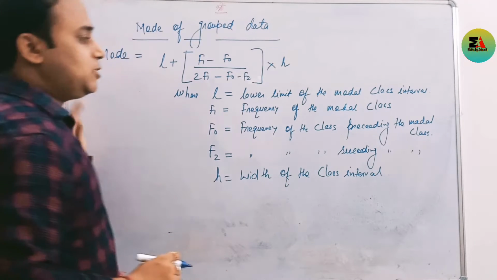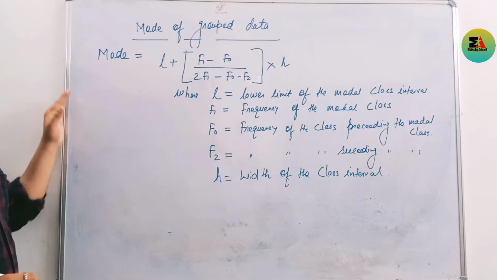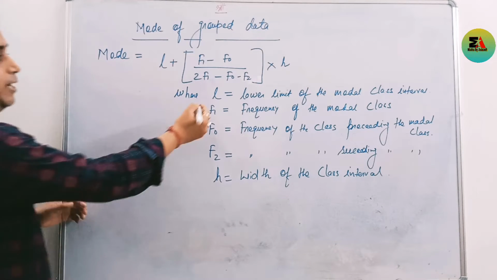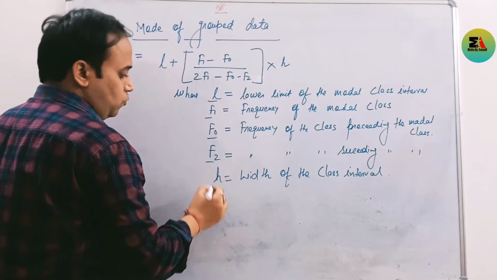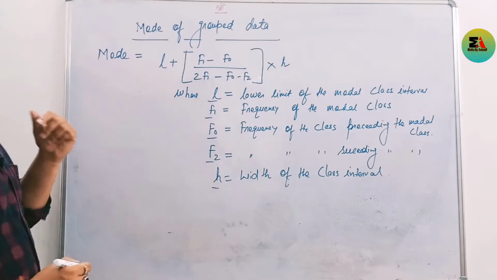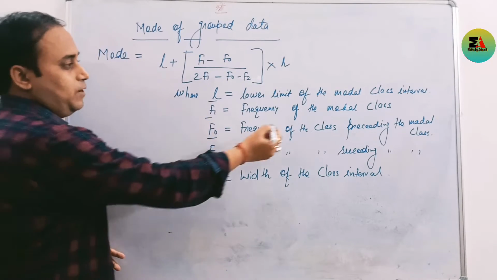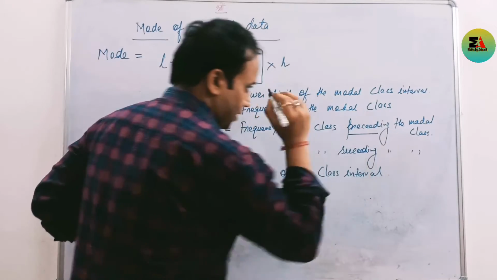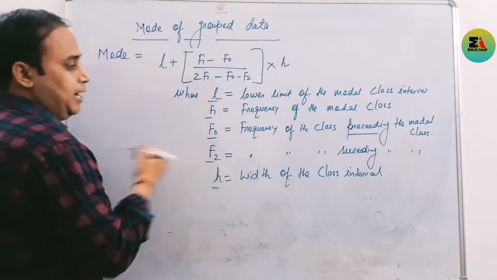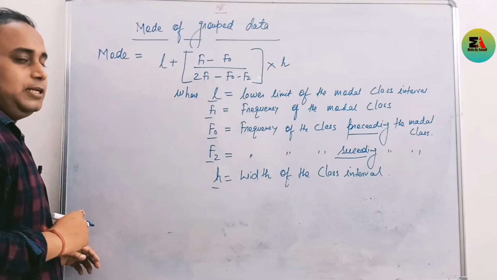How do we apply this formula? We can take an example and explain what the values of L, F1, F0, F2 and H are. L is our lower limit of the modal class, F1 is the frequency of the modal class, F0 is the frequency of the preceding class, which is very important, F2 is the frequency of the succeeding class, and H is our width of the class interval.